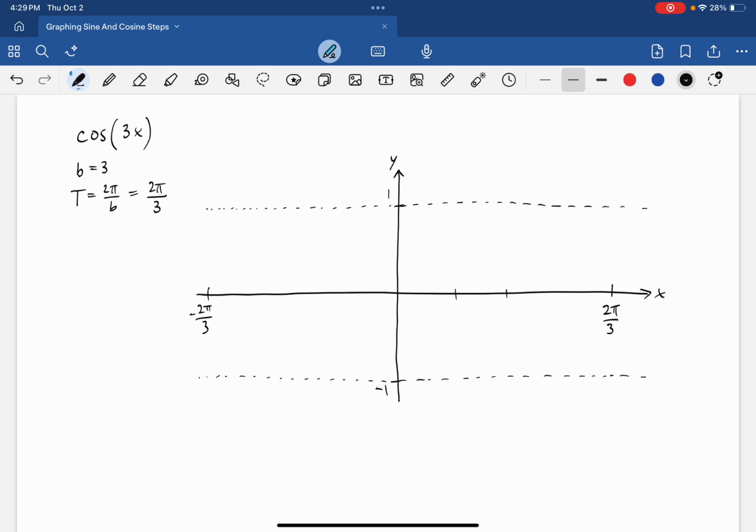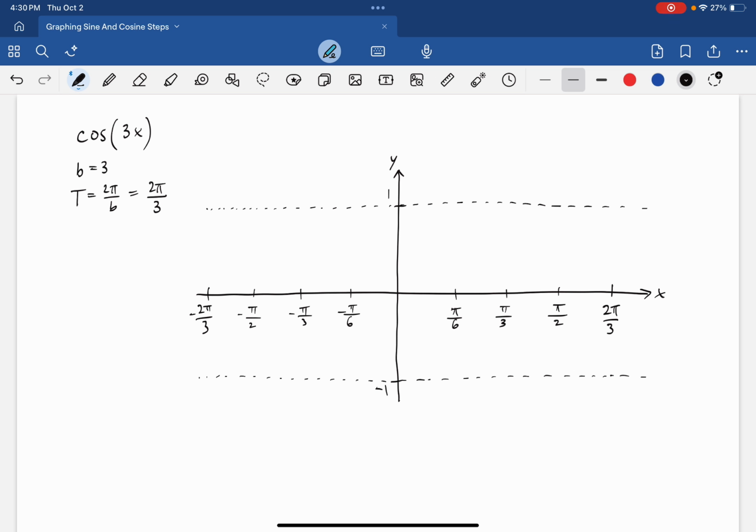So every period is going to be split into quarters, which means that the first tick mark is pi over 6. Second one is pi over 3. And the third one is pi over 2. 3 pi over 6 is pi over 2. So same on the negative side, negative pi over 6, negative pi over 3, and negative pi over 2.